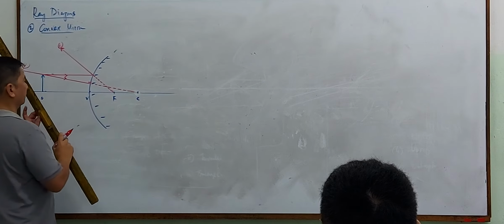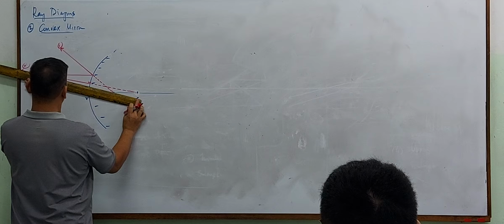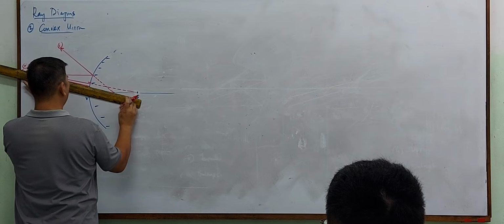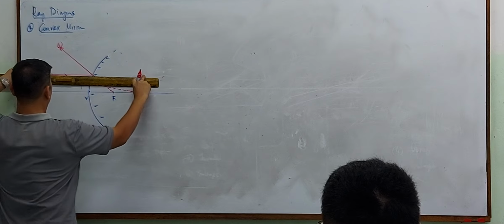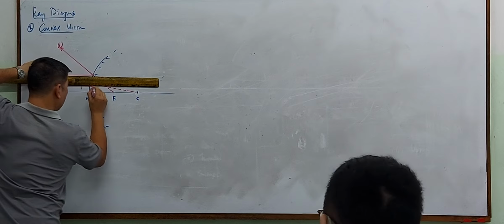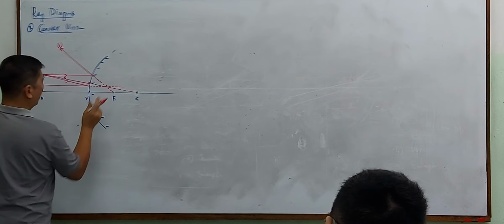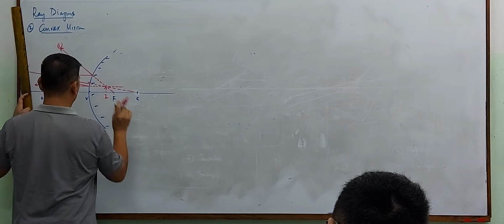The third one is the light going to the focus point, but the light is reflected parallel with the principal axis. And if you trace the light back, you're supposed to meet at the same point. And this is our image location.